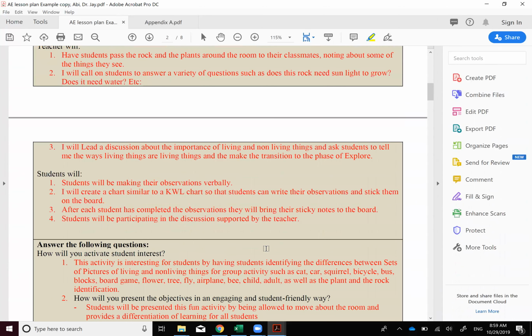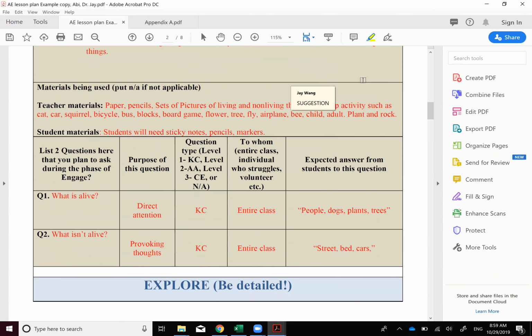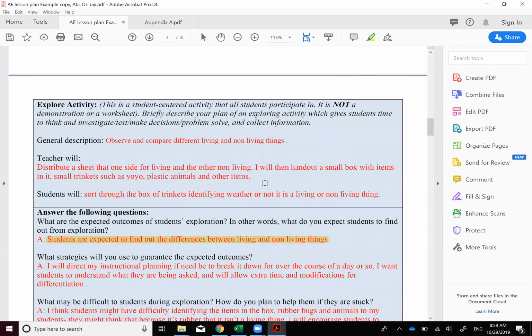I would suggest you try it, but do not rush through activities. If you run out of time and don't have time for this sorting, don't do it. Jump directly into Explore. Give them items to have them figure out the differences between living and non-living items. Again, it's my suggestion.